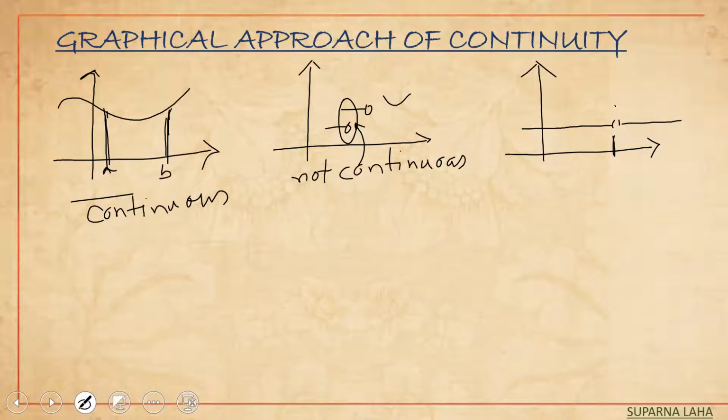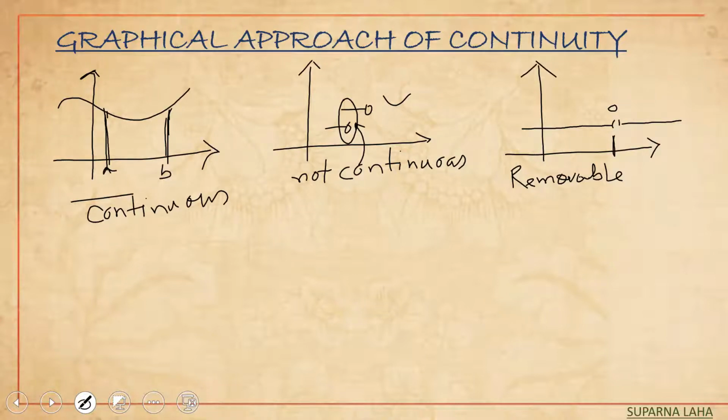Suppose the value is here. Now this kind of discontinuity we can remove. So this is called removable discontinuity. By redefining the function, we can say the function is continuous, or we can convert the function into a continuous function.